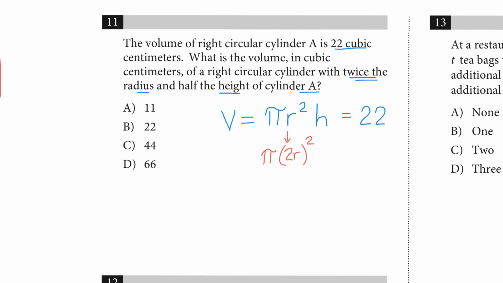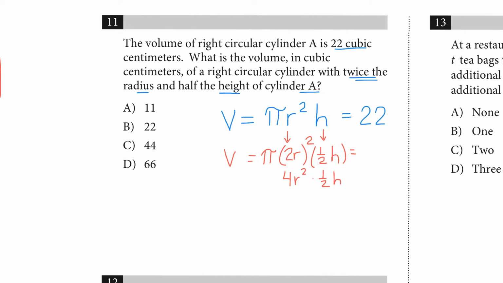But the height becomes what? Half the height. And so we want to know what this new volume is. Okay? In this case, we're going to have 2r squared, so that's going to be 4r squared, and then times 1/2 h.